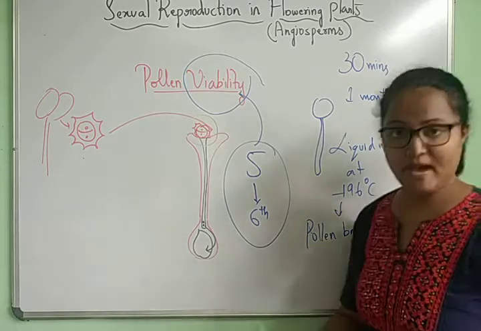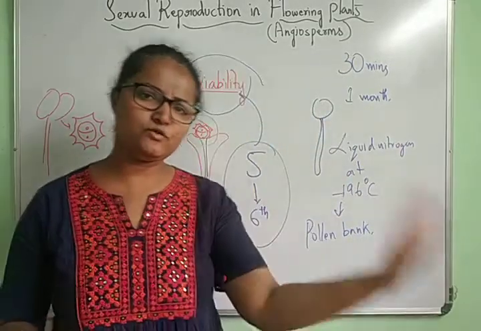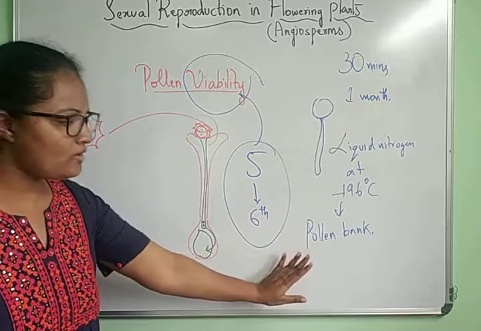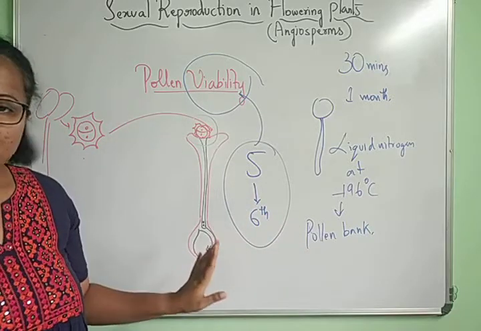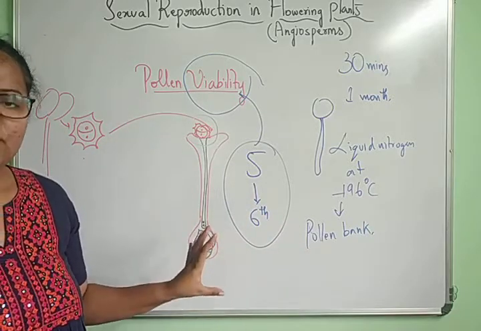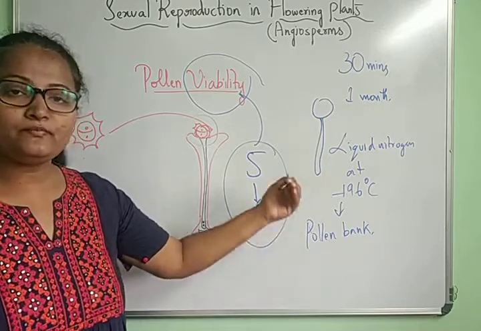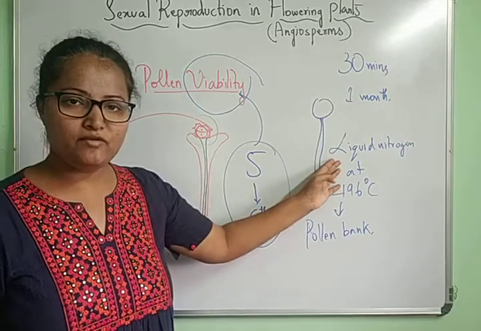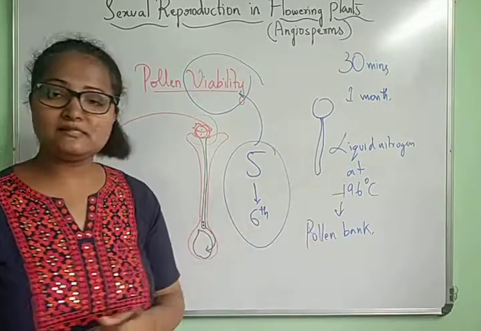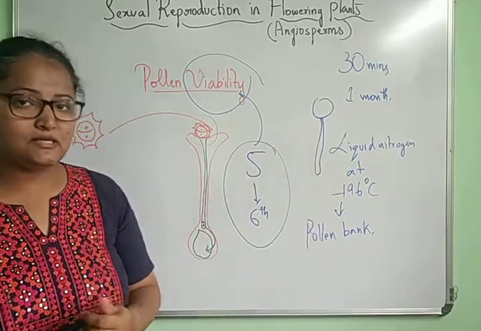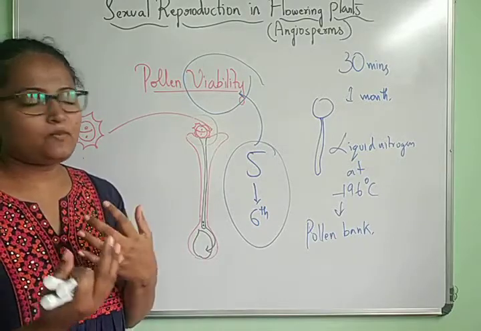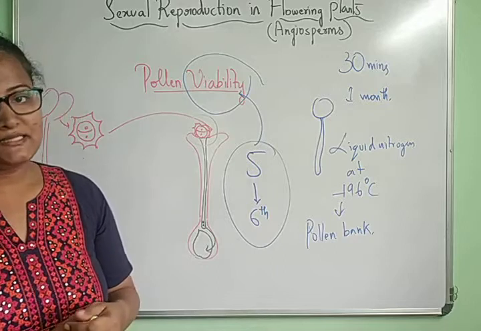Just as there are seed banks where seeds are stored for future plantation, here also, because of their viable nature, pollen grains of some species are stored with the help of liquid nitrogen at minus 196 degrees Celsius. Some institutions have produced pollen banks.